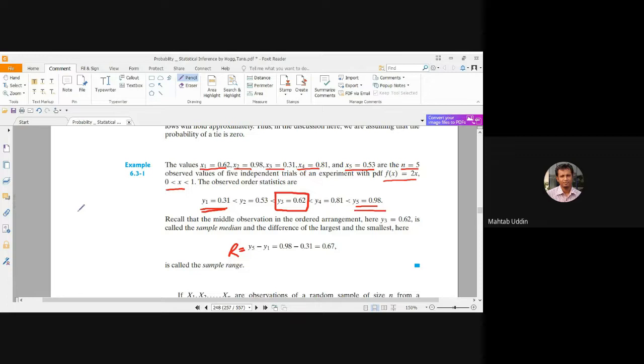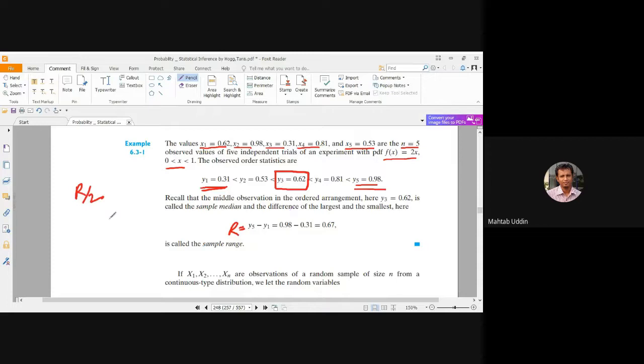Sometimes you can find the semi-range. Semi-range is R by 2. You can find this directly, but if the data is not ordered, scattered, you have to search.